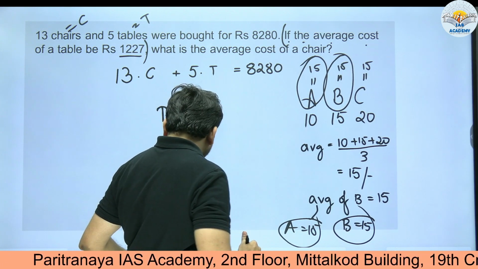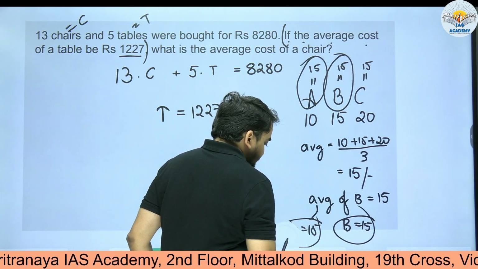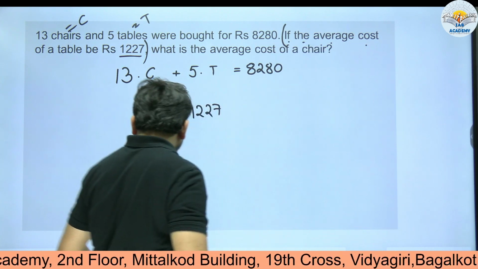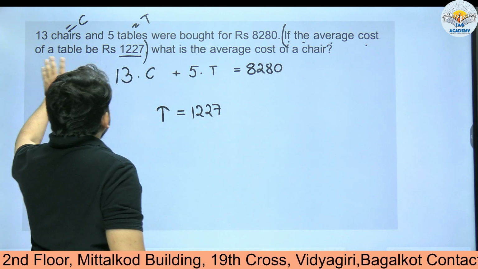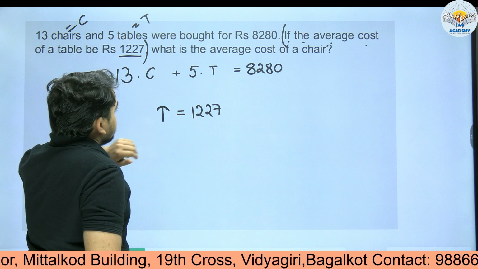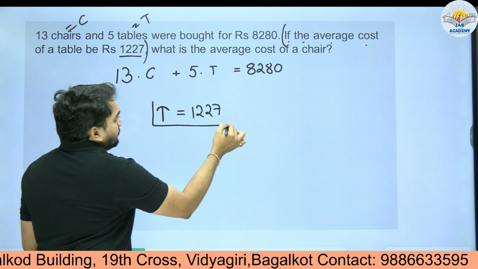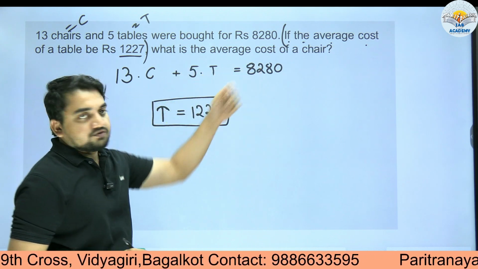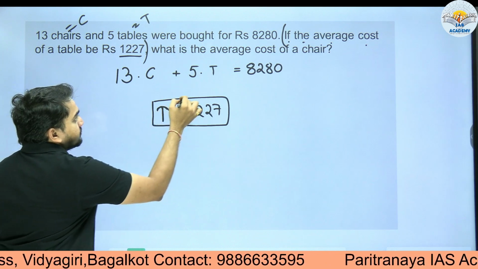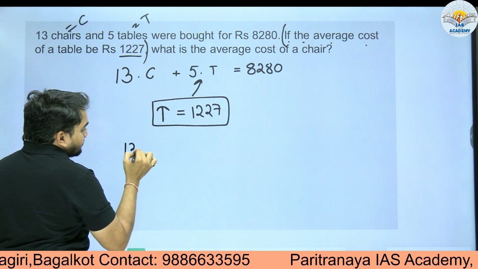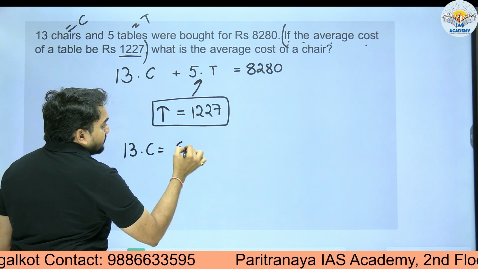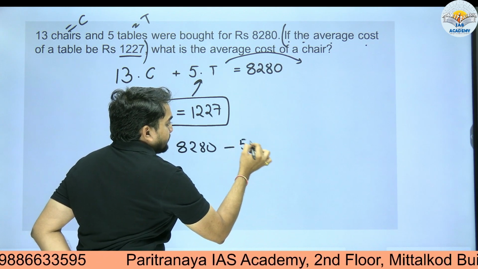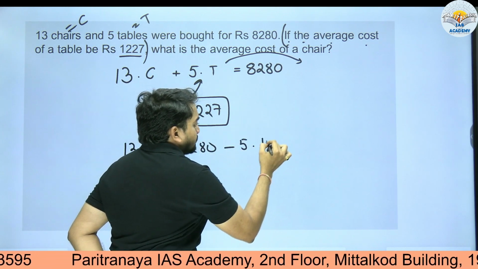So if you think in that fashion, they have given: the average cost of a table is rupees 1227. What is the average cost of a chair? That means again substituting here, T is this side, so 13C is equal to 8280 minus 5 into 1227.